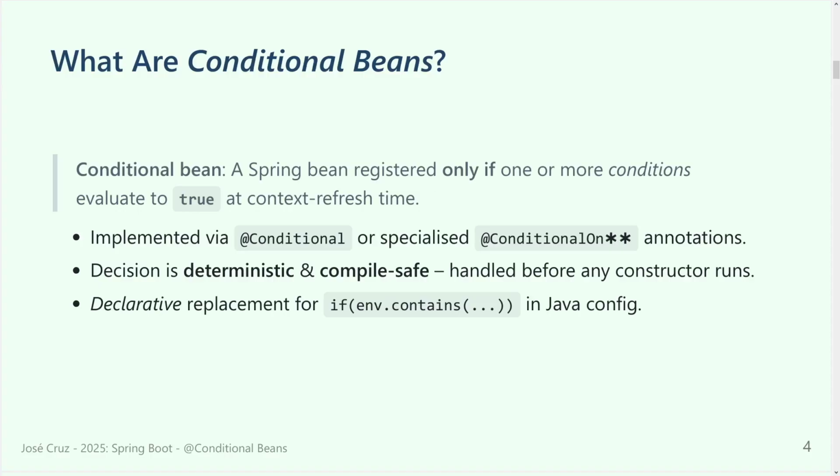Everything exists at compile time, but at runtime you will decide when the application starts, or at context refresh time. What is important is that the decision is deterministic and compile safe, handled before any constructor, because the bean will not be created if the condition is false. Declarative replacements are one of the things that you can use, but it's not.